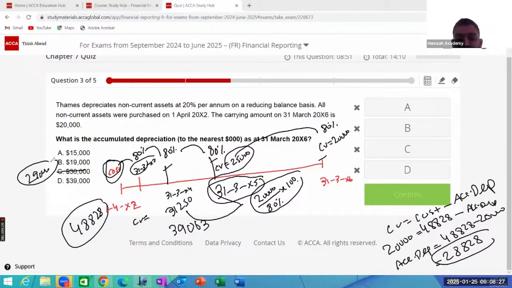But in this question, they have done the wrong calculation and they have chosen option B. But that is not the right answer. The right answer is 28,828, of which nearest is 29,000. So there should be an option of 29,000.